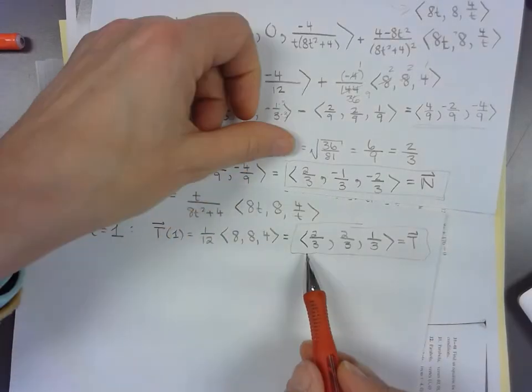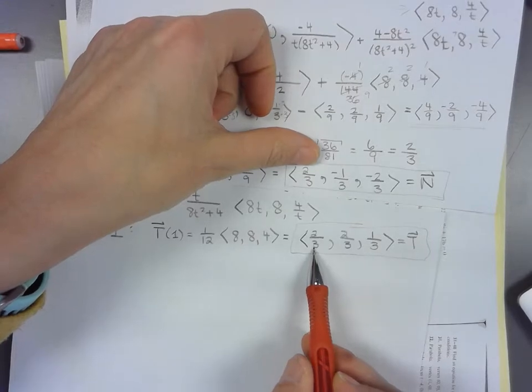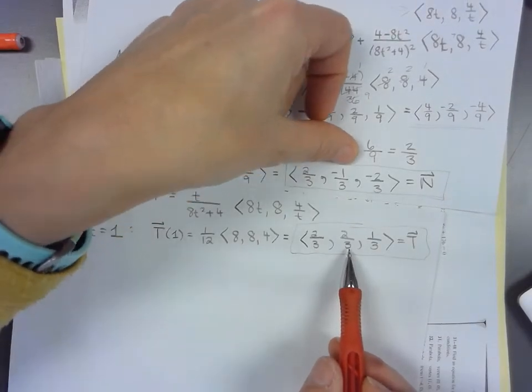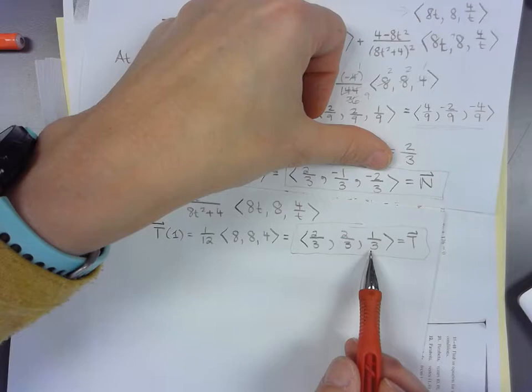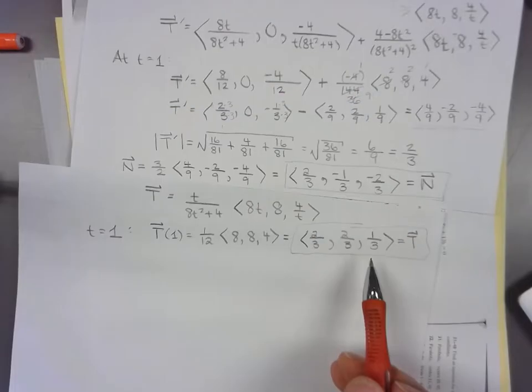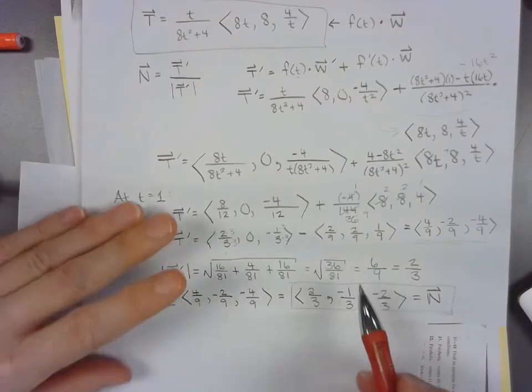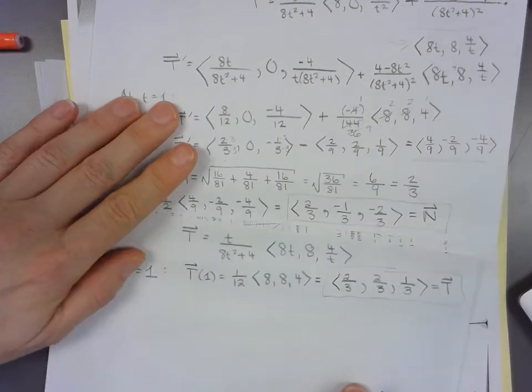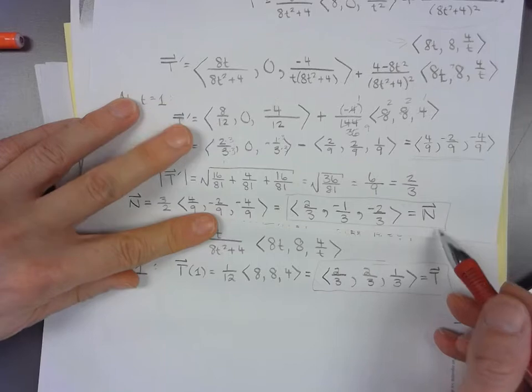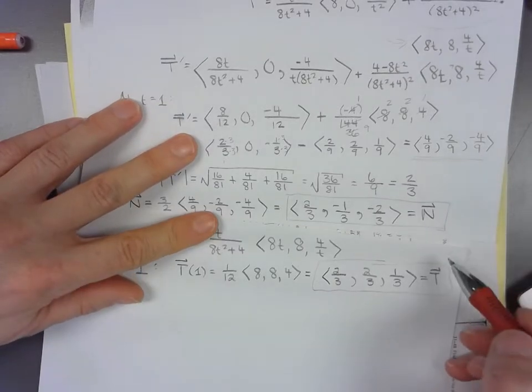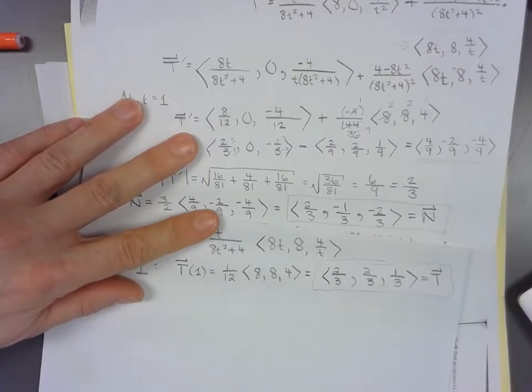So first times first, 4/9. Second times second, -2/9. Third times third, -2/9. So 4 minus 2 minus 2, that's 0. So these two are perpendicular to one another. So that makes me feel good, right? Now I want B to be perpendicular to both of them.